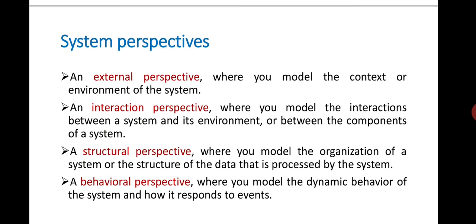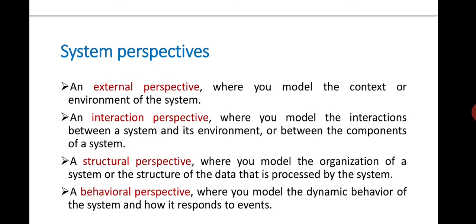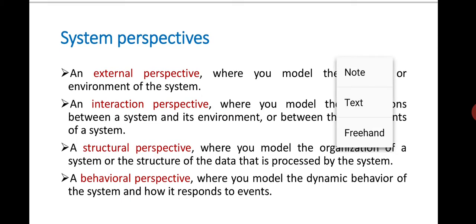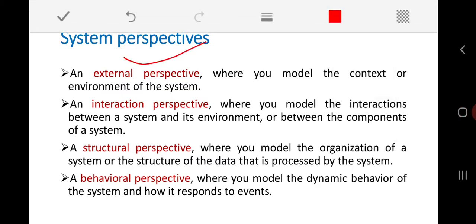Now we can have a look at the different perspectives with which we can think of the purpose of the system models. Always our system models are going to provide an external perspective, where we can model the context or the environment of the system. It means how our software system is going to work with the surrounding systems present in the environment.